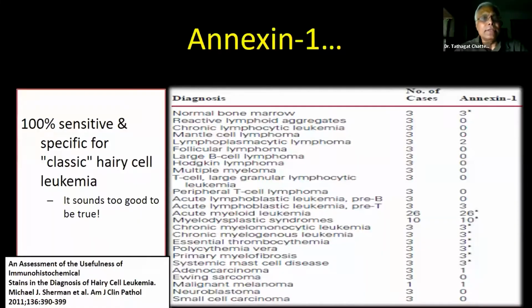Okay, annexin 1, we did a normal study and we saw that normal bone marrow will show annexin 1 positivity, and the reactive lymphoid aggregates may not show annexin 1 positivity, but most of the normal marrow elements do. So to diagnose annexin 1 positivity in the bone marrow, when we know the normal marrow elements also take annexin 1 positivity, is a difficult problem.